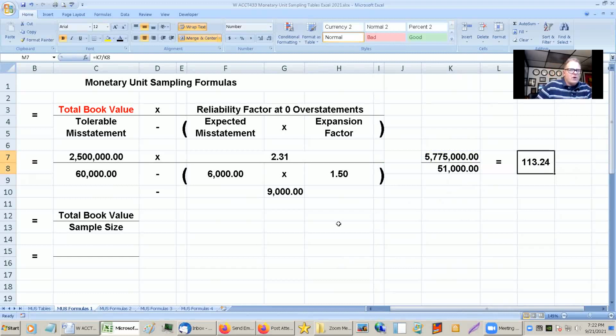Now, if you're doing exactly the way it shows you in the book, you would round that down to 113. I would probably encourage you in real life to use 114. I'll take either one on a test, but the actual guidance is that you would round it to the nearest whole number, because these are items you're going to take for testing. It has to be a nice round number. So 113.24, I would round it up to 114 if it was me.